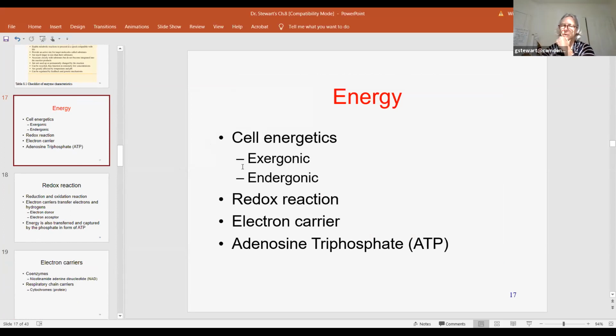I already mentioned these words. Exergonic, remember those are usually catabolic reactions. They release ATP, and endergonic usually require an input of ATP. We're going to take a look and talk about redox reactions and electron carriers a little bit, again, as well as the structure of ATP, since that's the actual molecule that cells use to do their work.